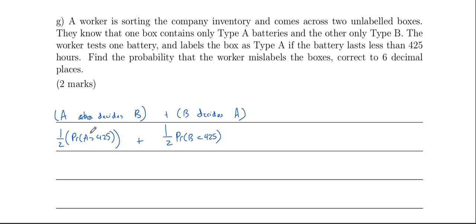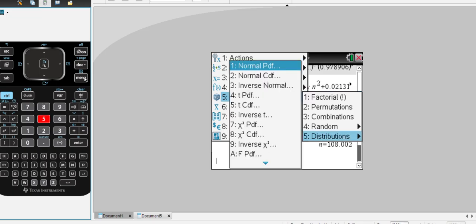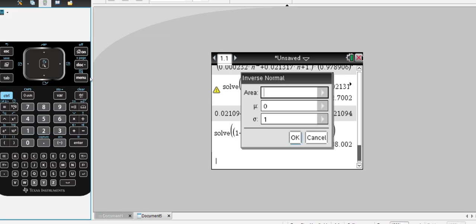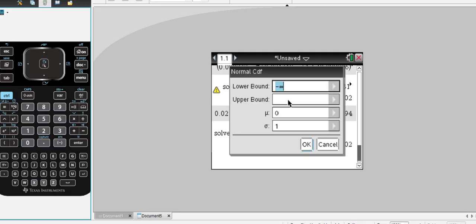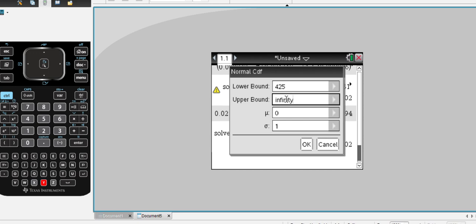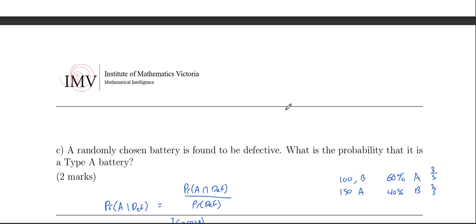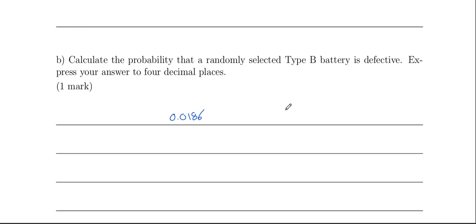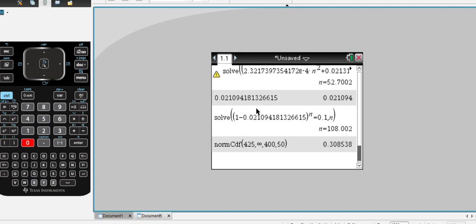So this is going to be menu 552. Lower bound is 425, upper bound is infinity. And then we're doing A, so the mean is 400 and then 50. Yep, 400 and 50. So that's that one. And then we're going to do the other one as well.